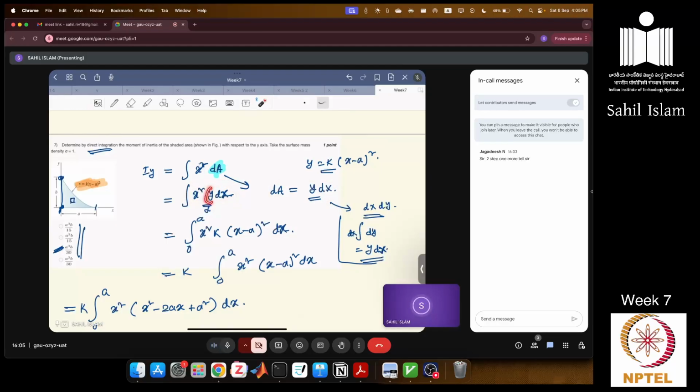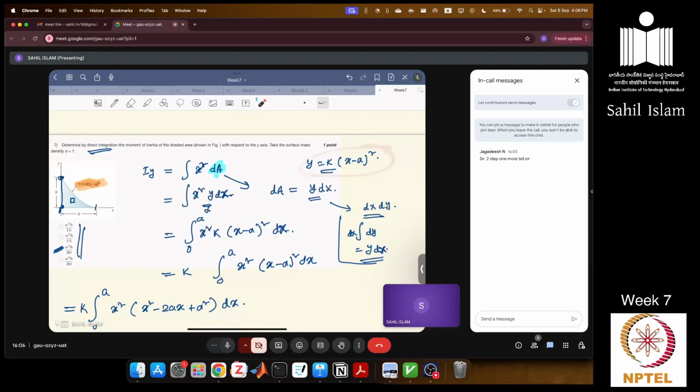Now this y is given as this equation. So this curve, you see, is y equals k into x minus a whole square.